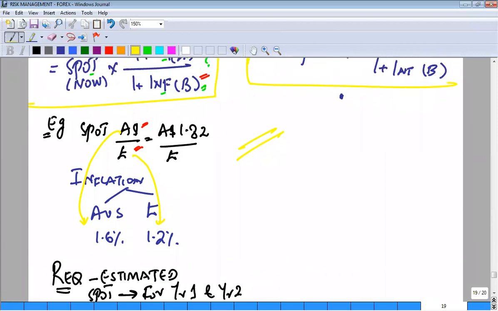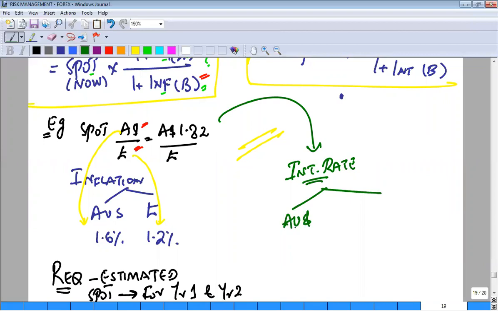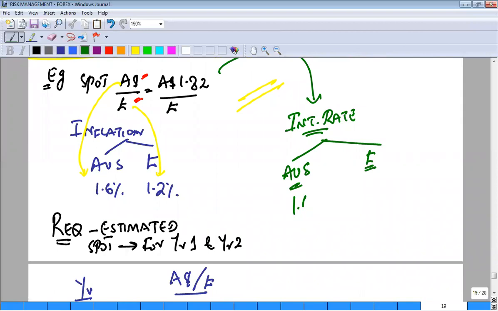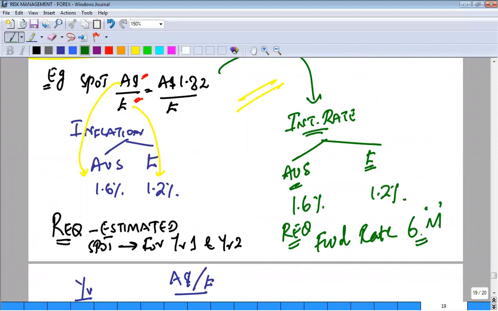For example, if we continue with this, an examiner gives the interest rate instead of inflation, Australia and England, interest rate 1.6%, 1.2%, and the requirement is to calculate the forward rate for the next 6 months.